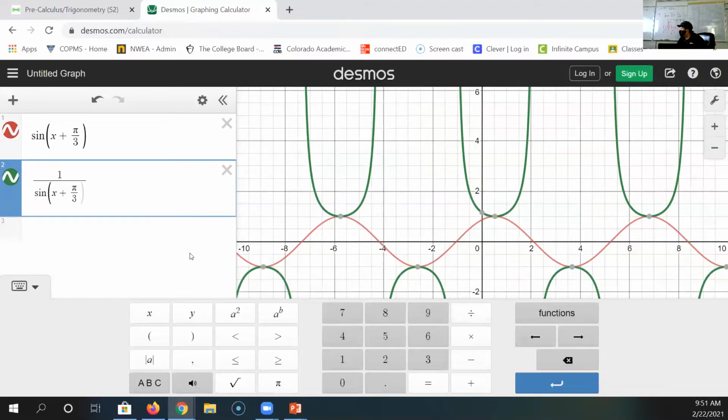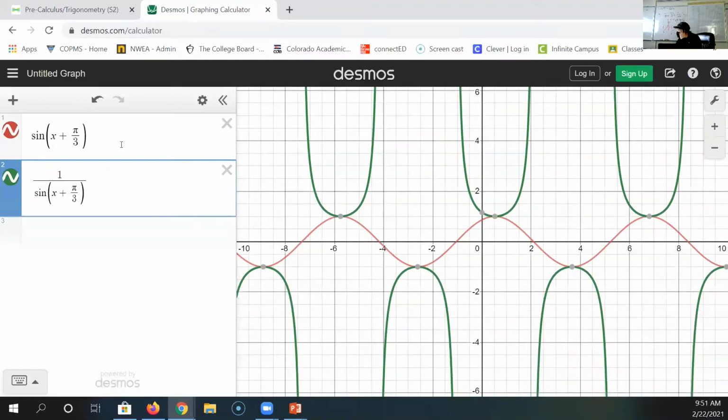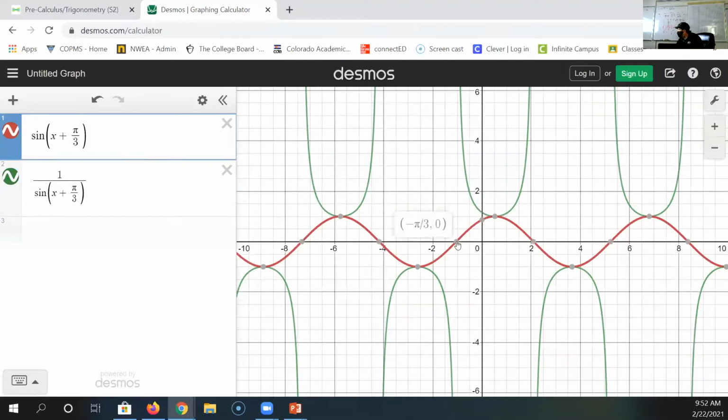And you can see how they overlap. My sine is in red, so I just started with my x scales. Right there was negative pi thirds. Then I had my maximum pi over 6, then 4 pi over 6, and 7 pi over 6, 5 pi over 3. It's because I didn't simplify mine, I just left them as improper fractions.